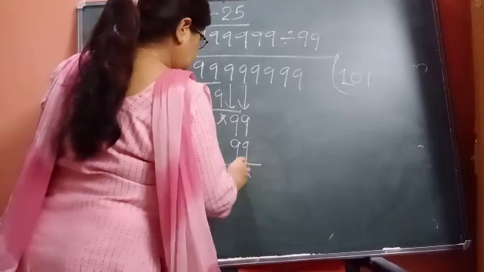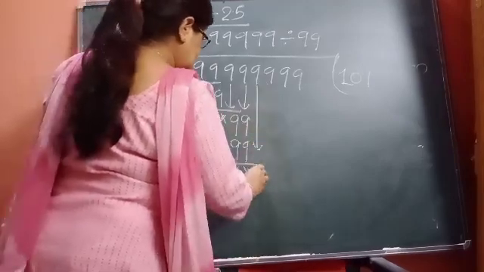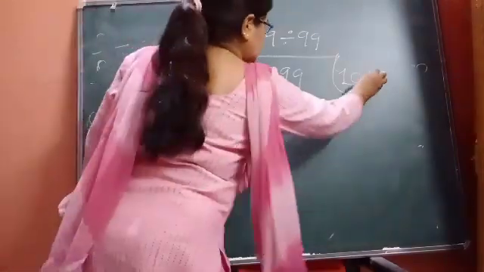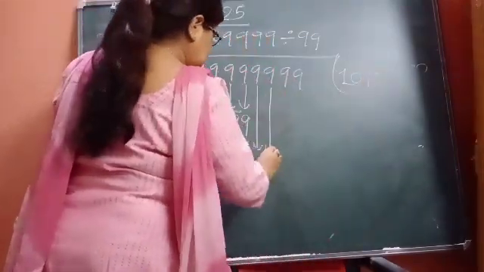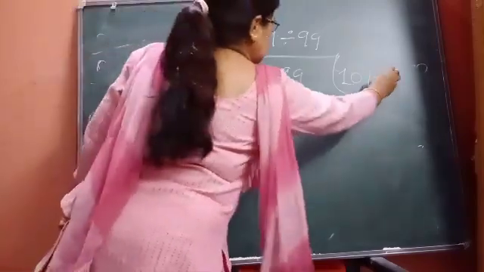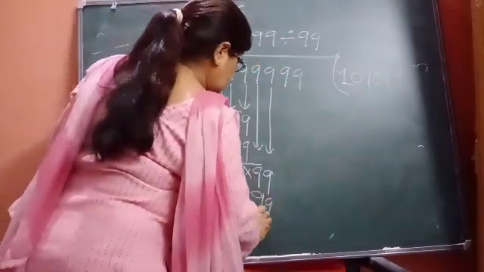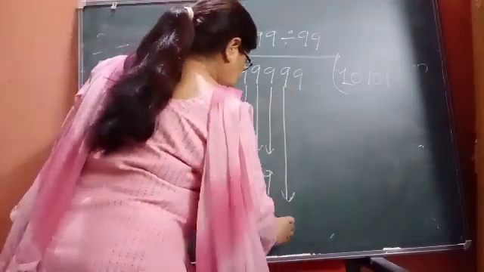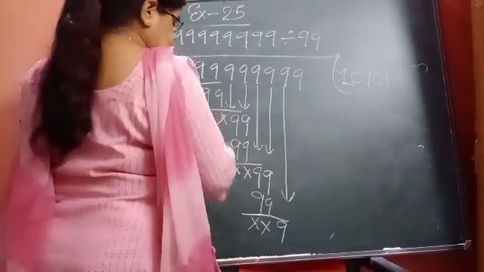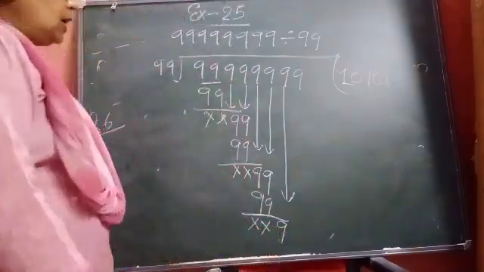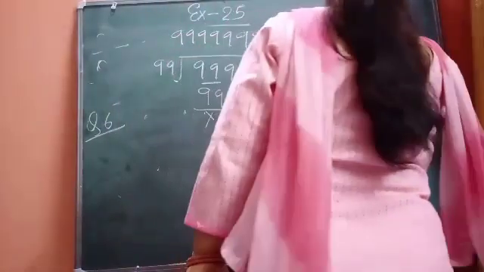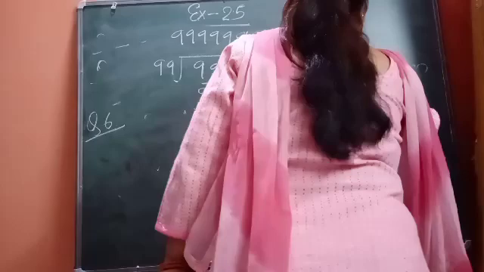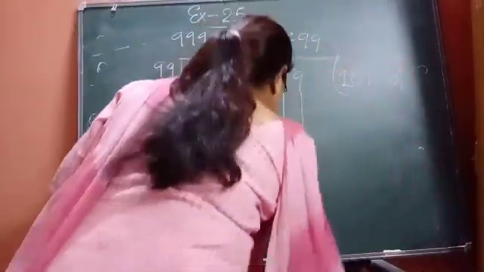Again make a cross and bring another 9 here. Further division of 99 is not possible in 9, so put 0 here. Again bring another 9. So again 99, 1 time, 99. Bring down again 9 here. Further, 99 is not coming in the table of 99 for 9, so put 0 here and bring down another 9. So 99, 1 time, 99.